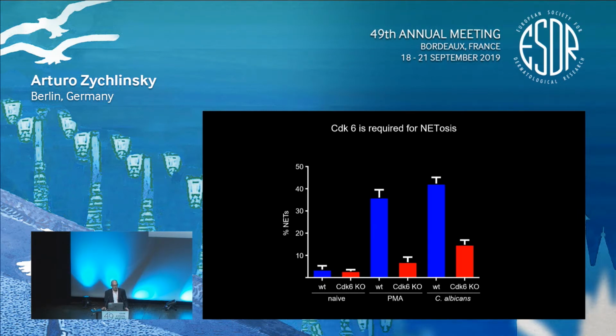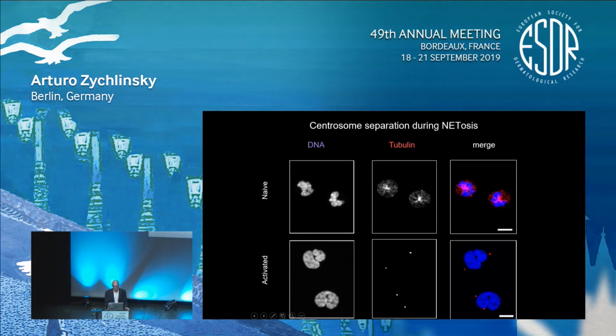And he showed this by taking mice that are deficient in CDK6. CDK6 is one of the kinases that allows the progress of mitosis. And in naive neutrophils from these animals that we don't activate, there are no NETs. But if we activate either with a mitogen or with Candida albicans, we can see that the wild-type neutrophils make NETs, but not the CDK6 knockouts.